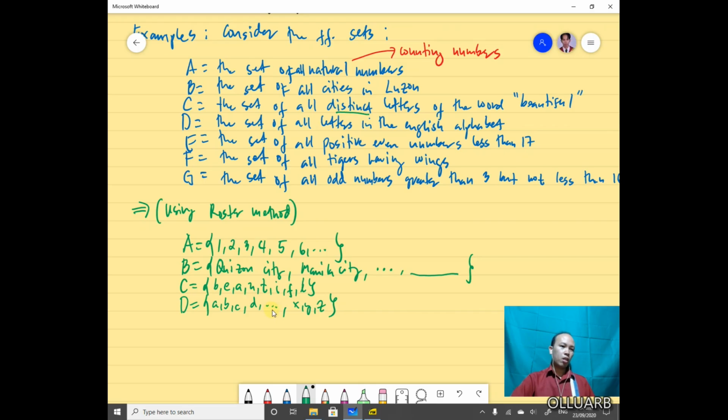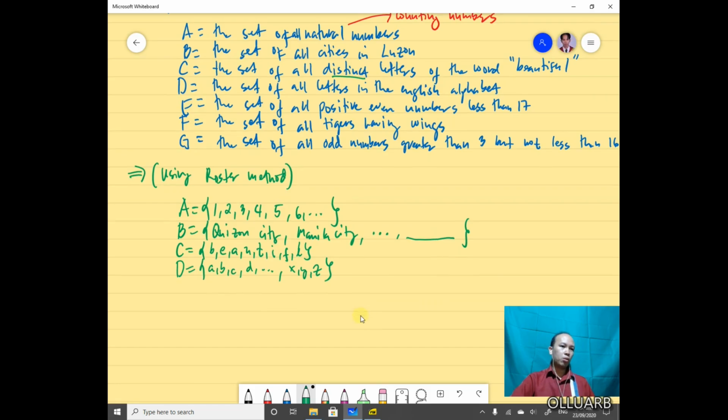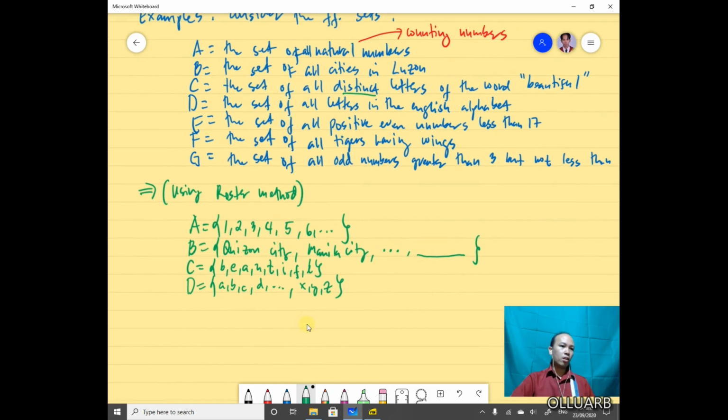But if the elements of the set are less than 10, you have to write them all. If it is infinite, write the first 5 or 6 terms, and then use dots. So that's basically how you write the elements of a set using the roster method.